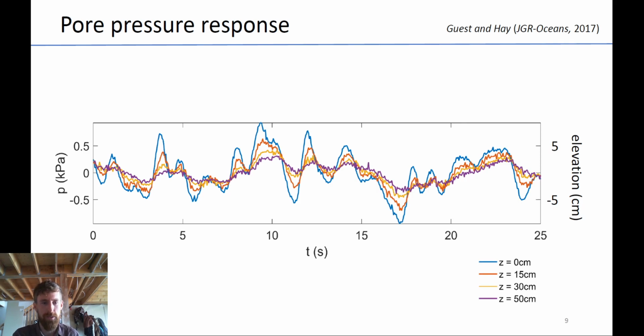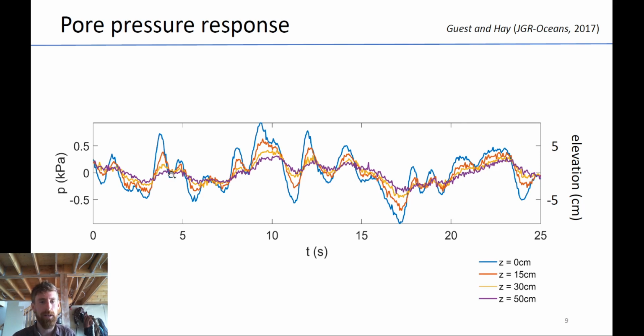So here are some sample data from the 4 sensors. In the vertical axis we've got pressure, and this is with the mean, hydrostatic component removed, so we're looking only at the oscillating component of pressure, and time on the horizontal axis. The blue signal is the pressure observed at bed level, and the purple curve represents data collected by the deepest sensor.